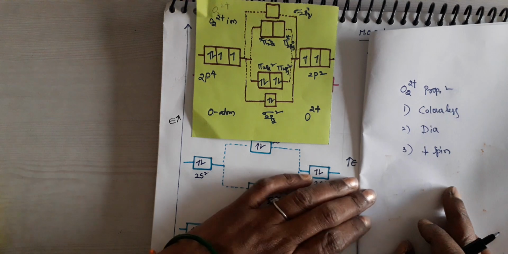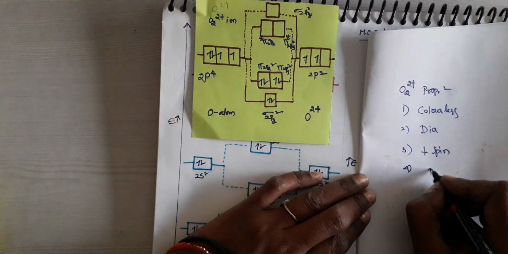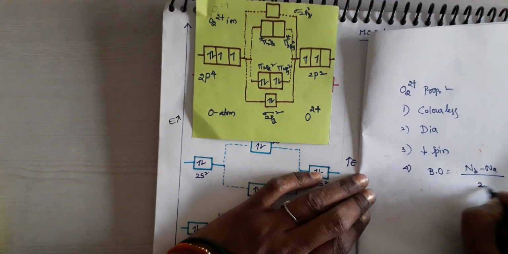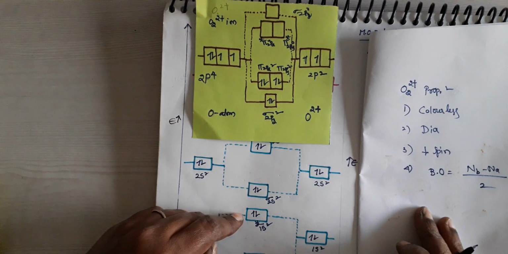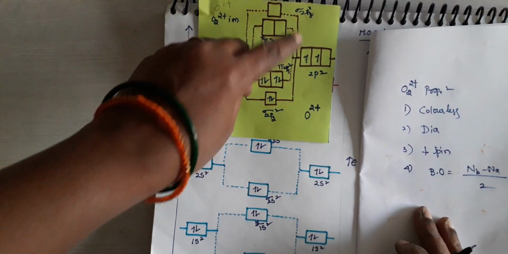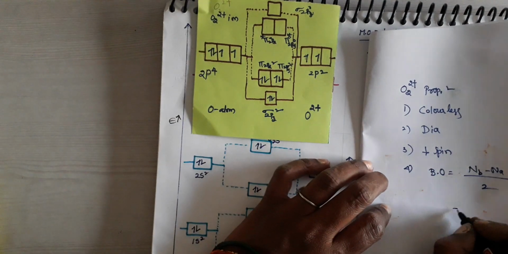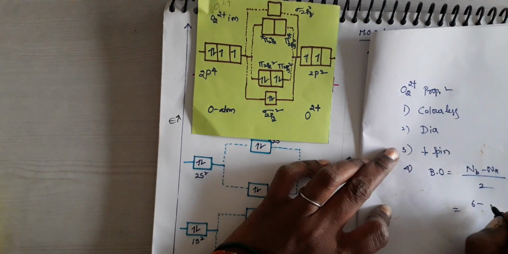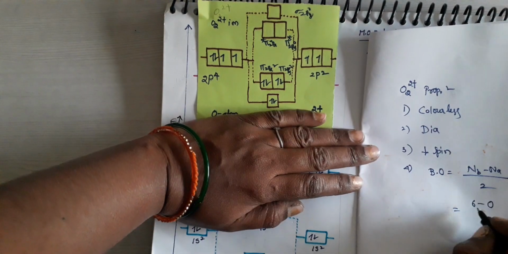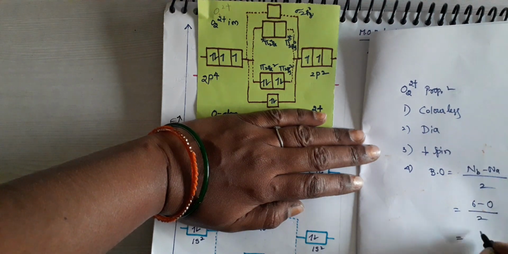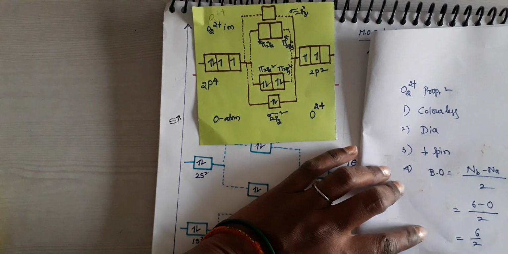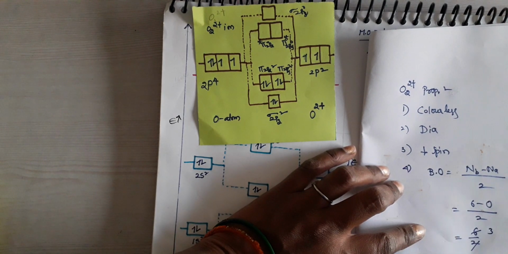Okay, next we have to calculate the bond order also. Bond order equals Nb minus Na by 2, same as this. Here the 2s cancel. Here bonding side 6 electrons, anti-bonding side no electrons, nothing but Nb equals 6, Na equals 0. You may directly write this also. 6 minus 0 by 2 equals 6 by 2, which is 3.